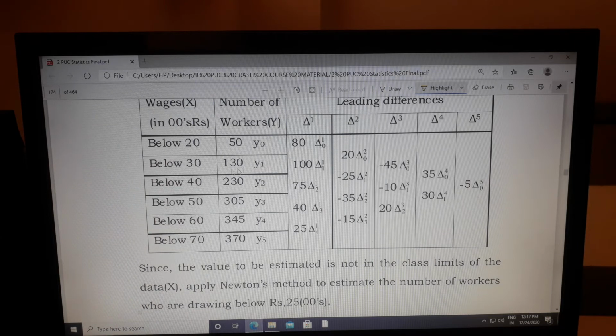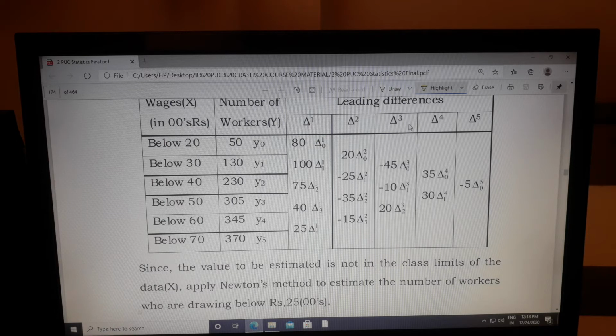Now the leading difference: 130 minus 50 is 80, 230 minus 130 is 100, 305 minus 230 is 75, 345 minus 305 is 40, 370 minus 345 is 25. And then the second leading difference: 100 minus 80 is 20, 75 minus 100 is minus 25, 40 minus 75 is minus 35, 25 minus 40 is minus 15.